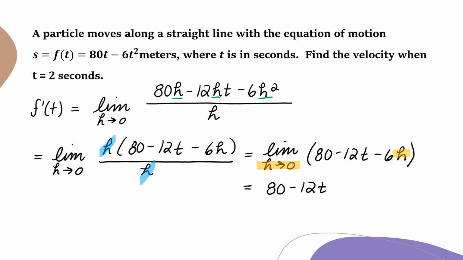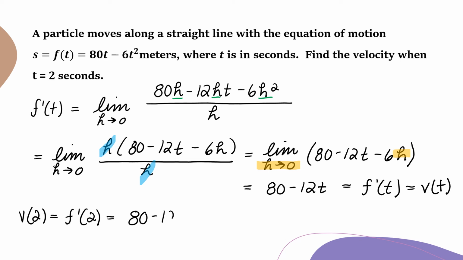So we found f prime of t, but we're looking for the velocity at t equals 2 seconds, not just the velocity. So we have to substitute 2 into our function. So v of 2, the velocity at 2 seconds, will be equal to f prime of 2, which is equal to 80 minus 12 times 2.